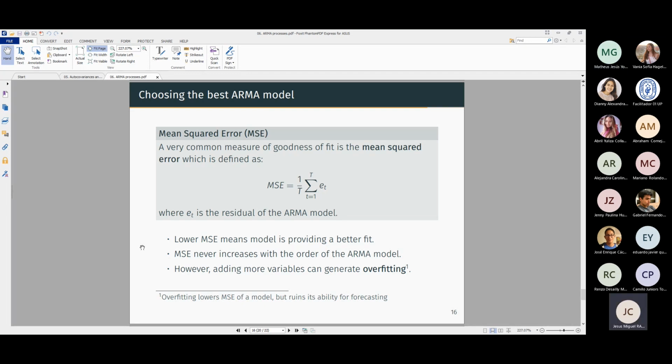Okay, in practice, that will depend on the selection criteria you have chosen before running the models, because when you develop models, you have to choose a selection criteria.